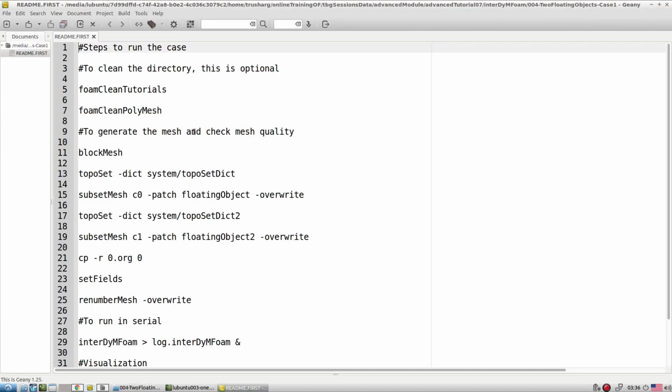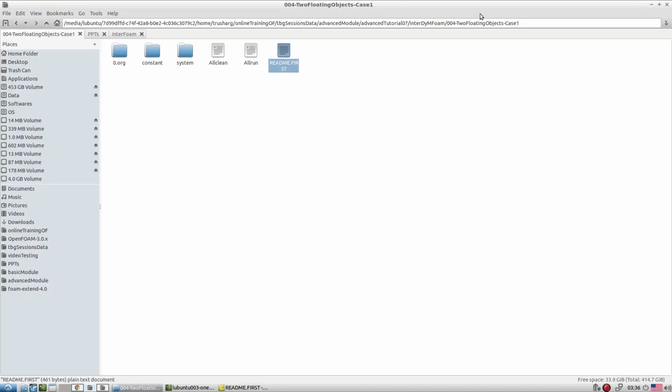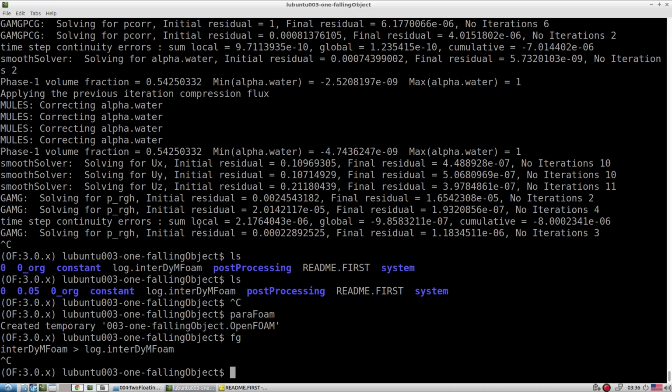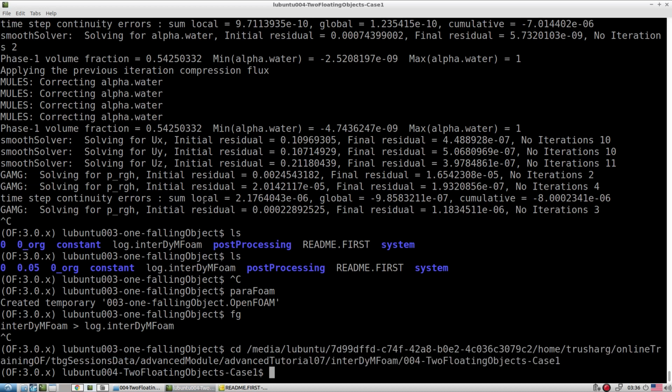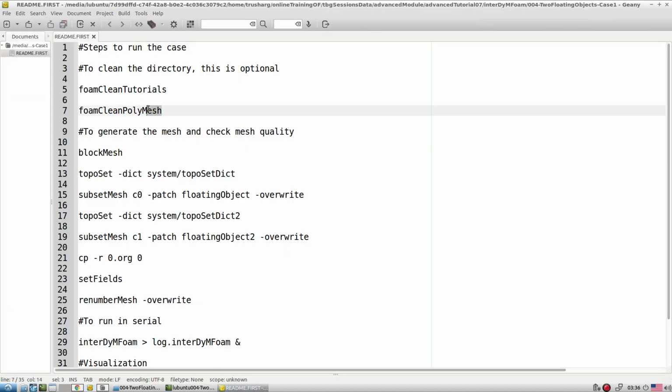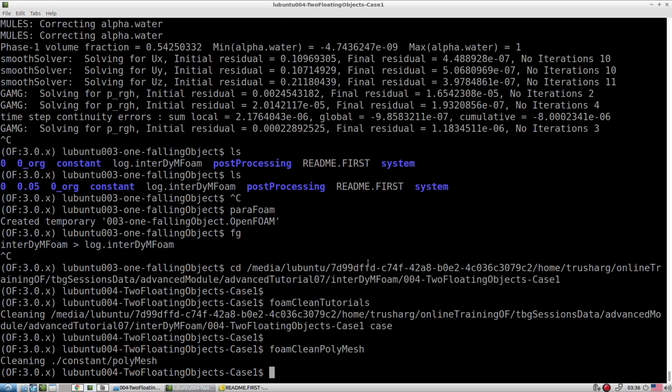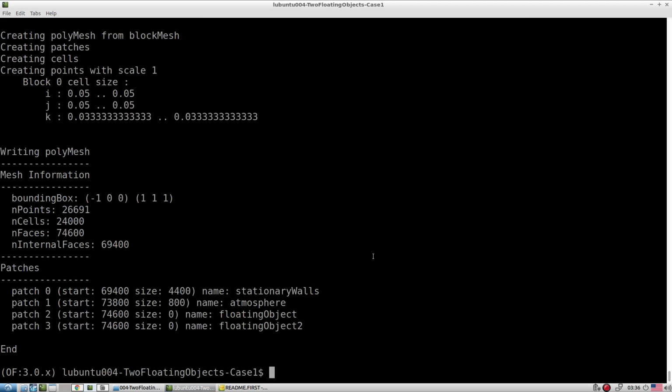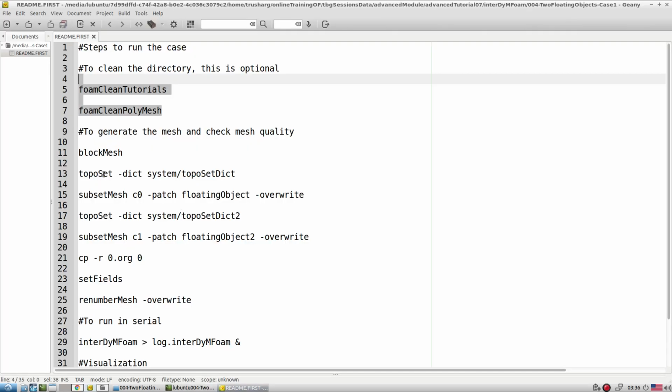So let's first create the environment for this particular test case. Clean the case, then let's construct the mesh, then topoSets.